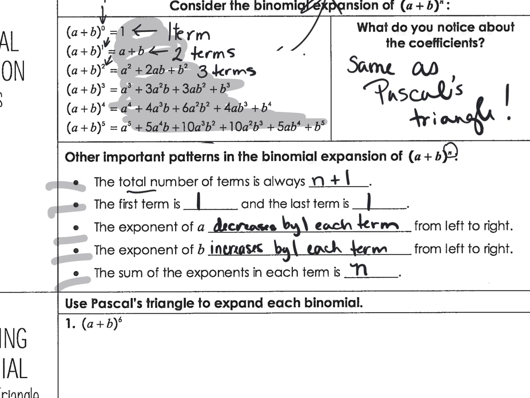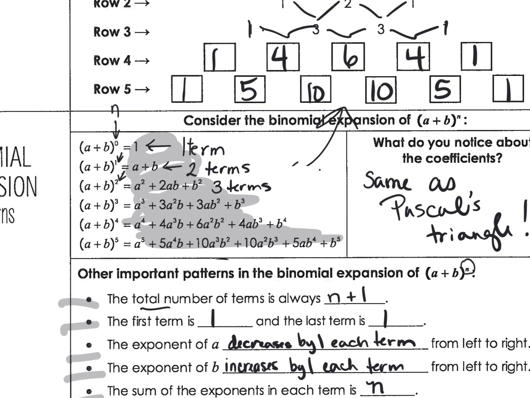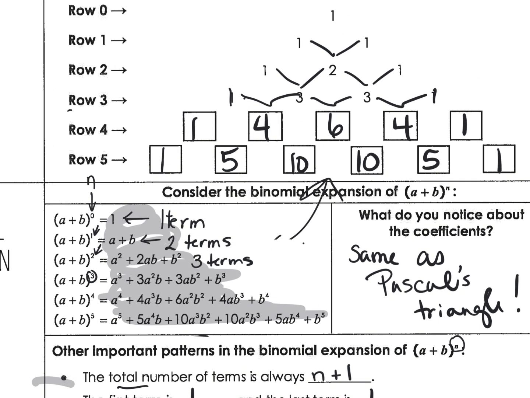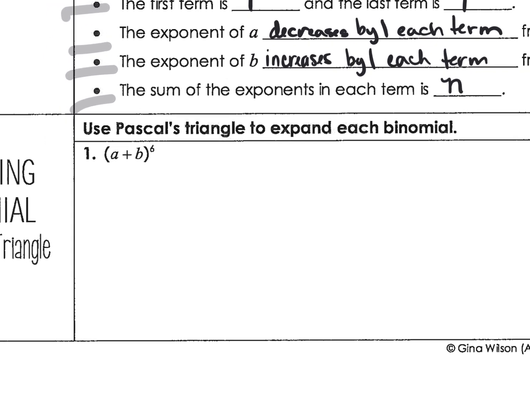We use Pascal's triangle. That's first. So, I want you to notice something. If we're raising something to the third power, we use row 3, don't we? Raising it to the fourth power, we use row 4. Fifth power, you use row 5. So if we're raising a plus b to the sixth power, what row do we need? We need row 6.